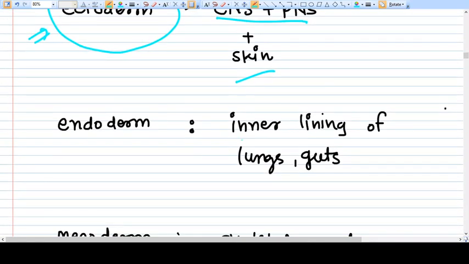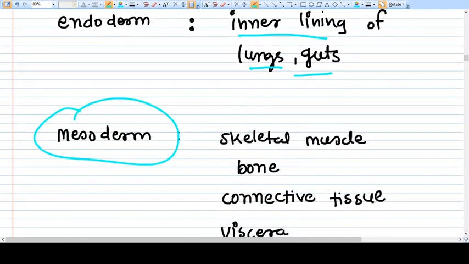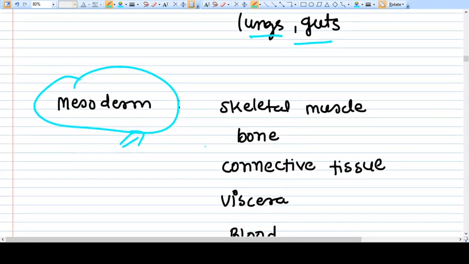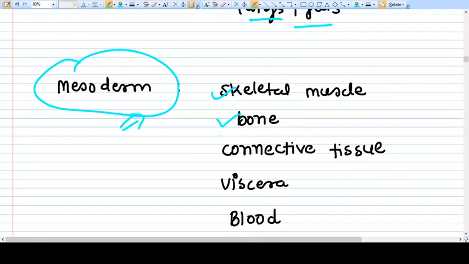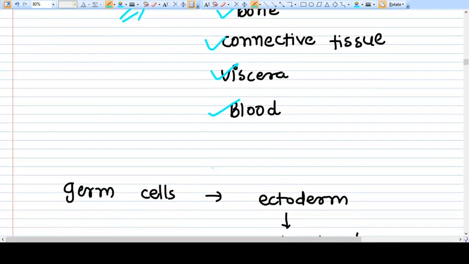Endoderm produces inner linings of lungs, guts, like that. Mesoderm produces skeleton. Mesoderm produces most of the viscera and most of what we see as the mass of our body, that is skeletal muscle, bone, connective tissue, viscera, blood, everything is made by mesoderm.